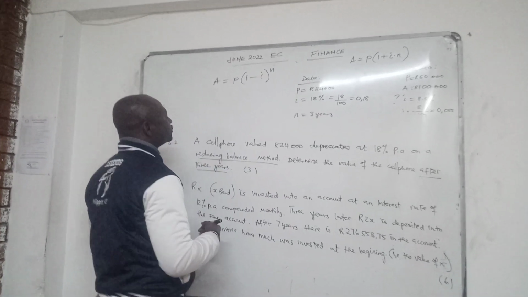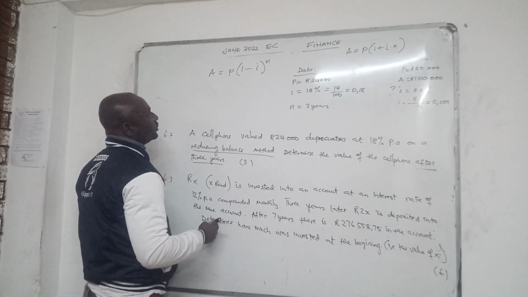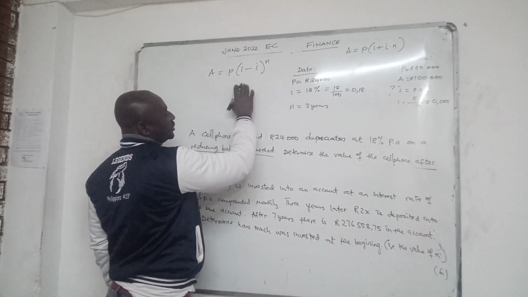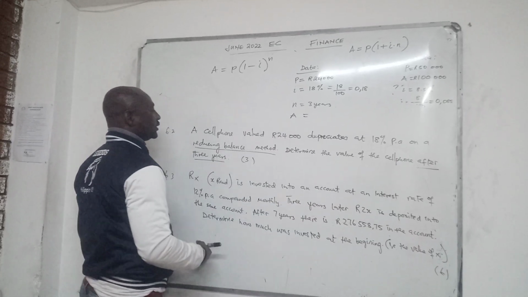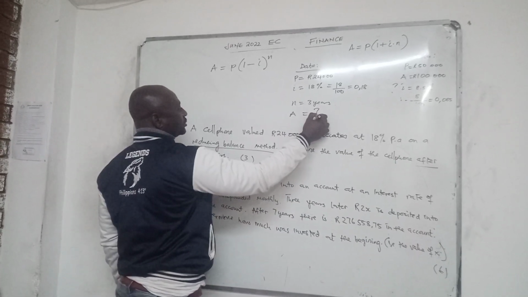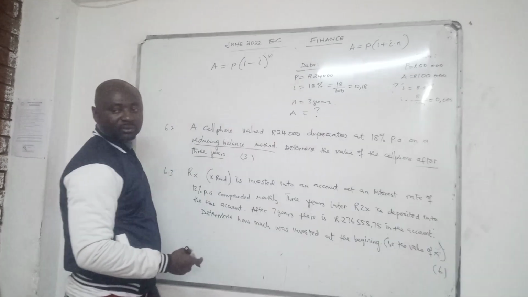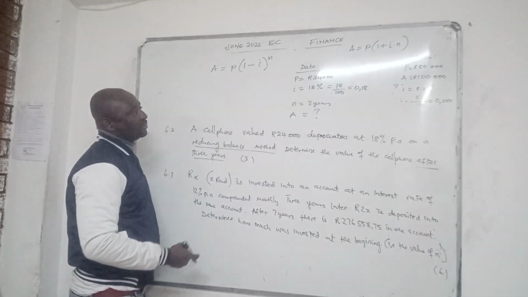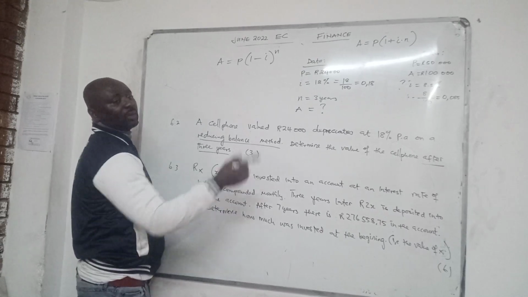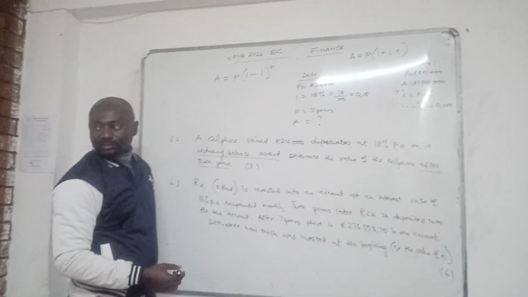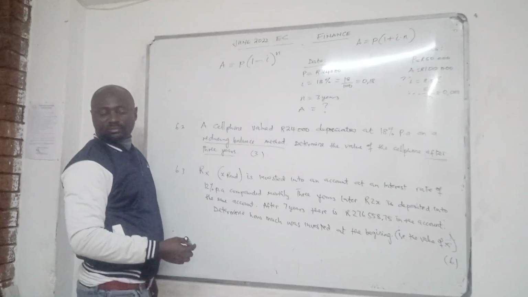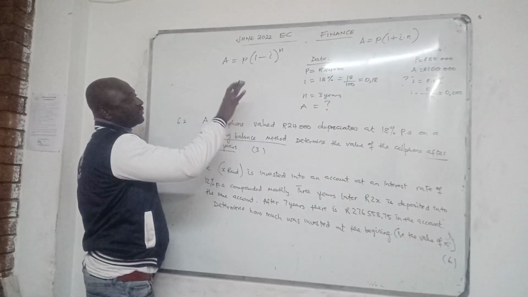Okay. So what do you think we are lacking here in this information? The question says, determine the value of the cell phone after 3 years. So A is what we are looking for. You see, you've drafted everything, so the one that is missing is what you are looking for. You put a question mark on it. You've gone through the formula, you've seen everything they give you.